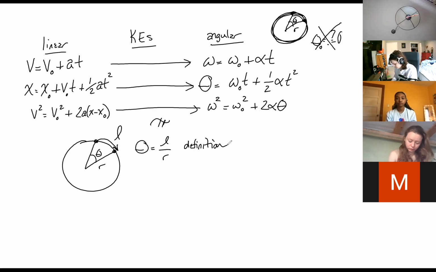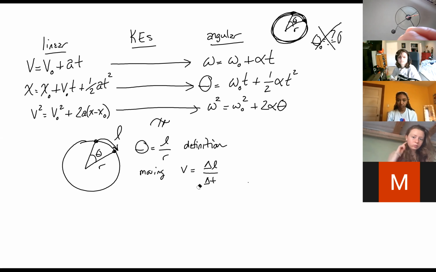But this is also going to govern, if we're thinking about the particle moving, if we think about what the linear velocity is, v equals delta L over delta t, as I said in the very beginning, we can now think about how we might relate the linear velocity right here to the angular velocity omega, okay?